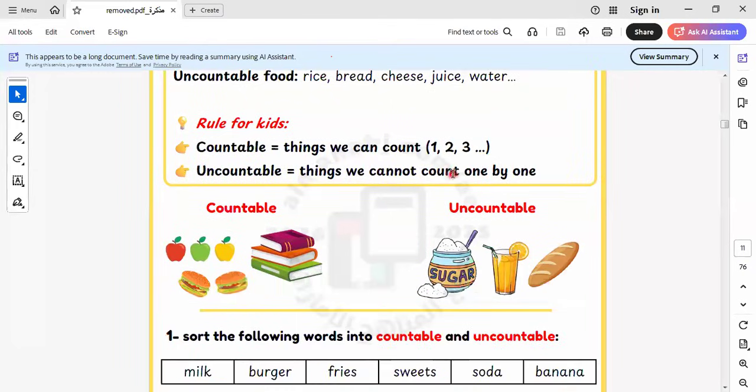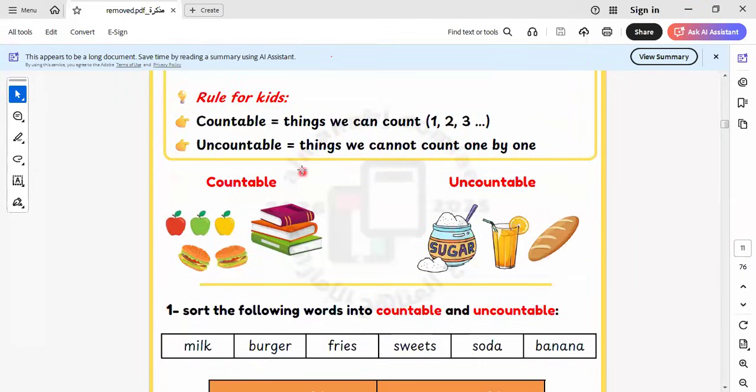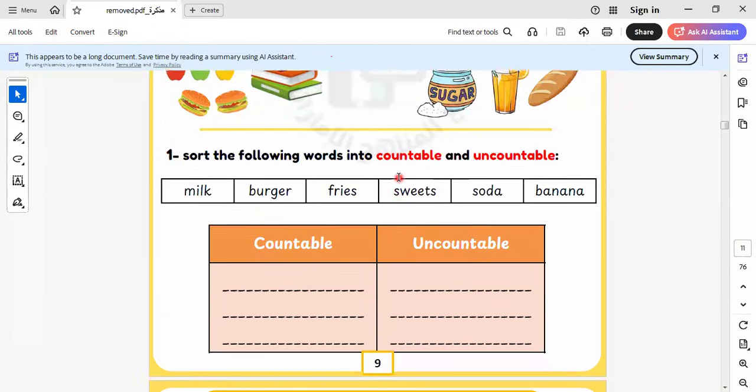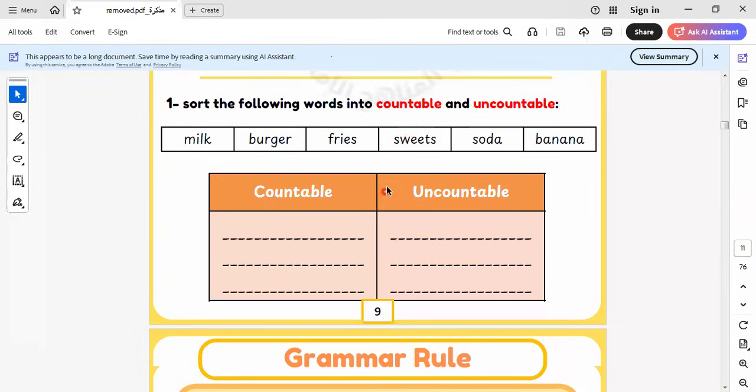So here, countable things are things that we count: 1, 2, 3, and so on. Uncountable nouns are things that we can't count. Let's go to another part to know which are countable and which are uncountable. Can you select the things that are countable? Is milk countable? No, it is uncountable. Is burger countable or uncountable? Burger here is countable. Fries is uncountable.